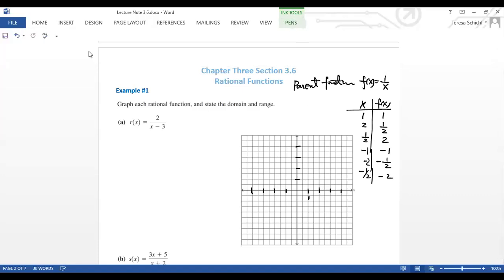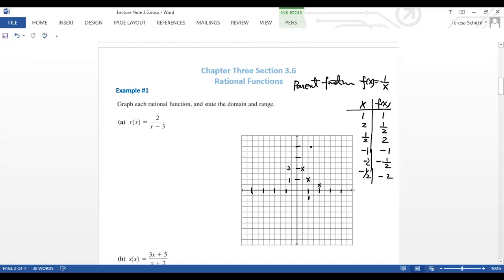Now let's plot the parent function. Here is my first point, (1, 1). Then 2 and 1/2 is my second point, and 1/2 and 2 is my third point.